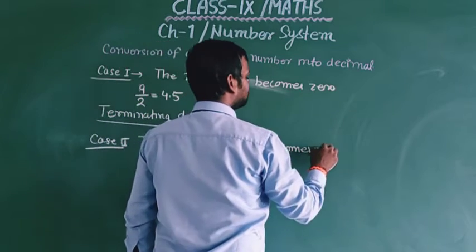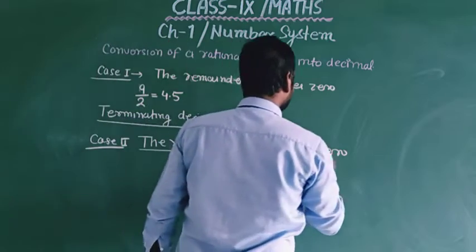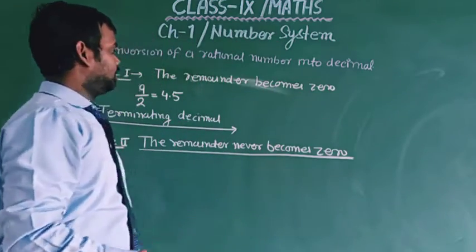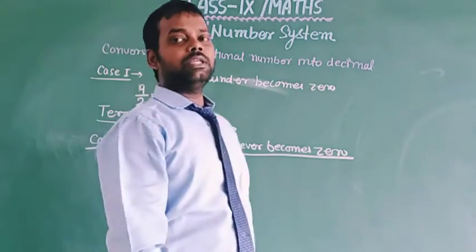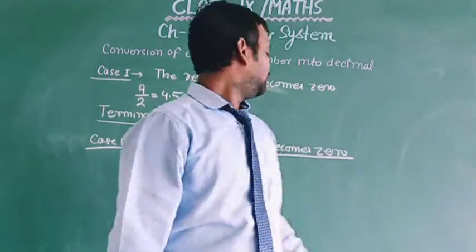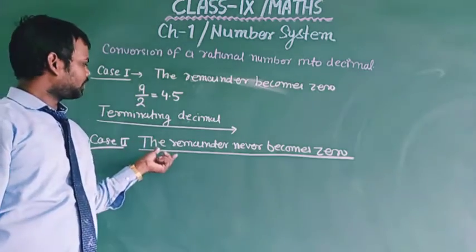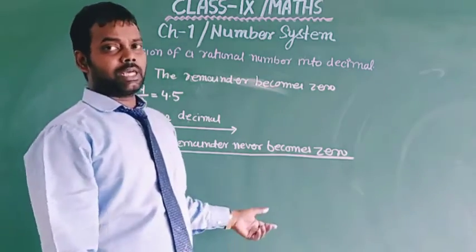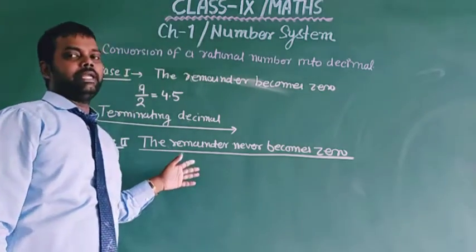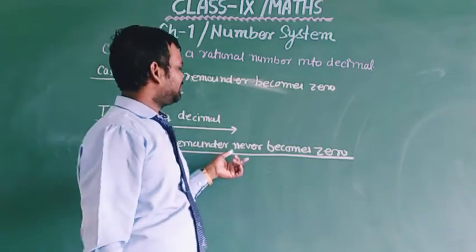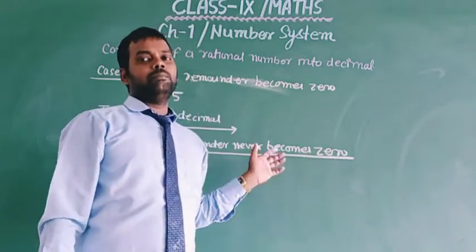To perform division, the remainder never becomes 0. Such numbers are called non-terminating, where the remainder never becomes 0 after the decimal in any number of steps.